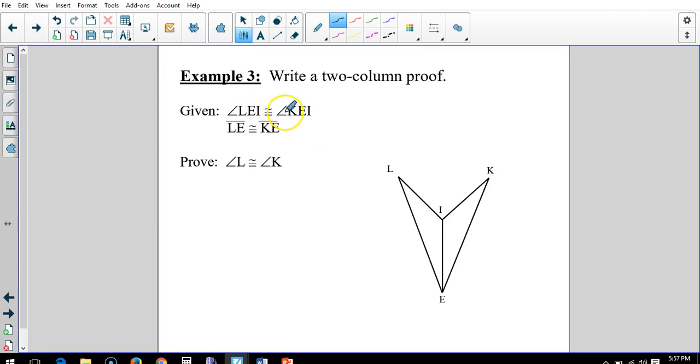So LEI, KEI. So we know this angle here is congruent to this angle. LE is congruent to KE. And we know this is congruent by the reflexive property. So we're going to do the same thing we've been doing.